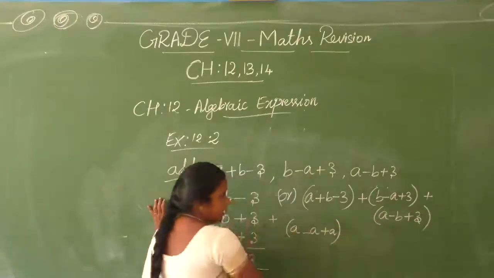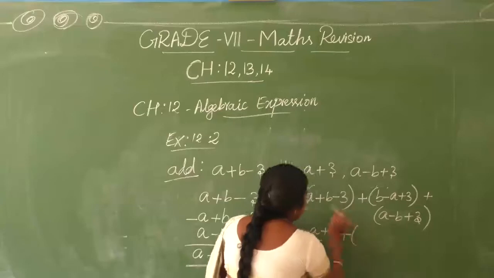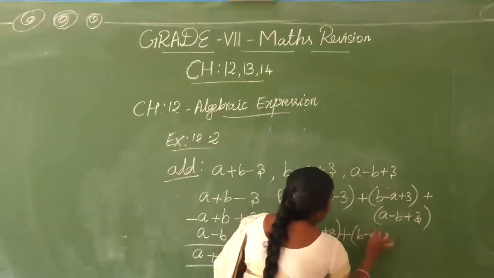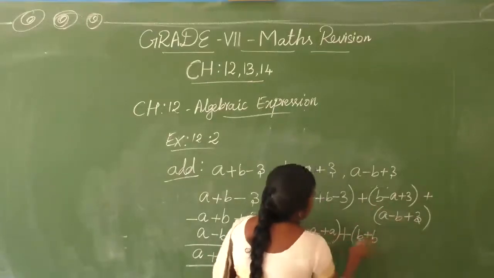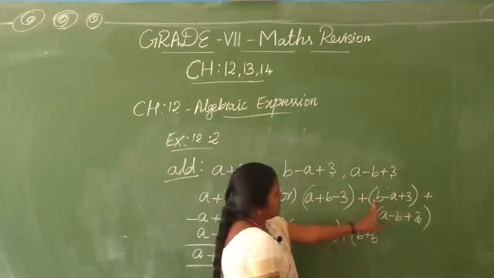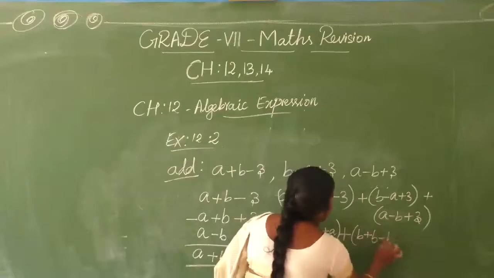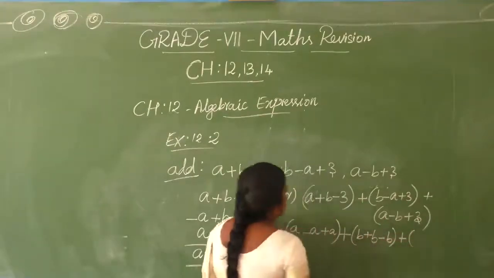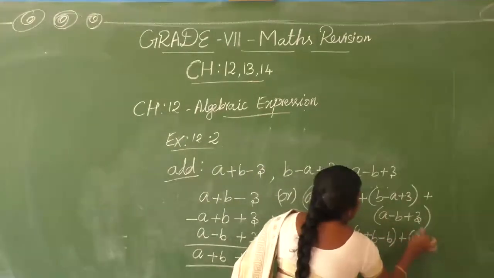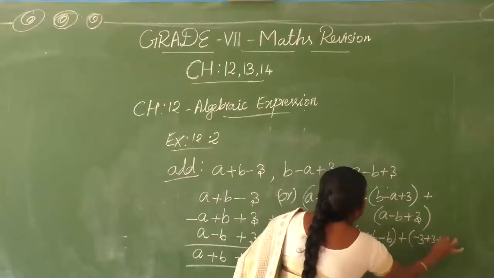The a part taken one side, plus b, b minus b, plus b. No sign, you have to consider as positive. Plus b minus b. Plus constants minus 3 plus 3 plus 3.